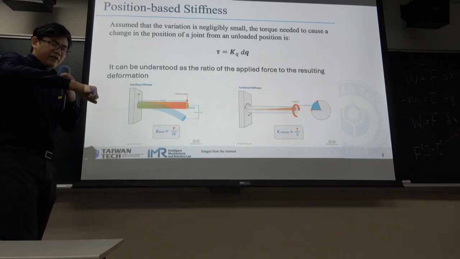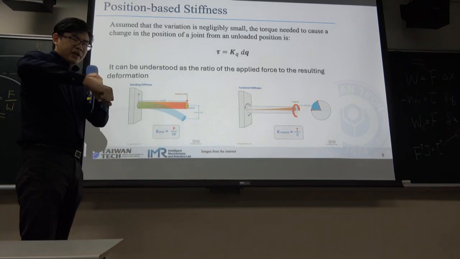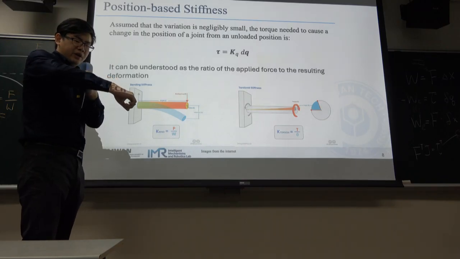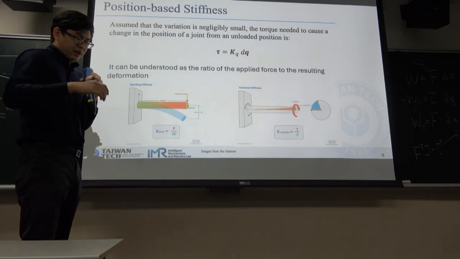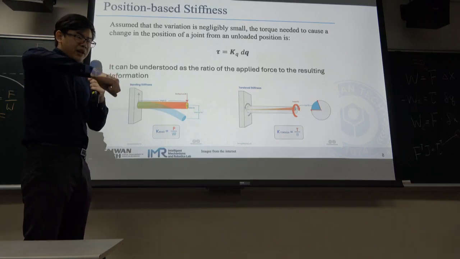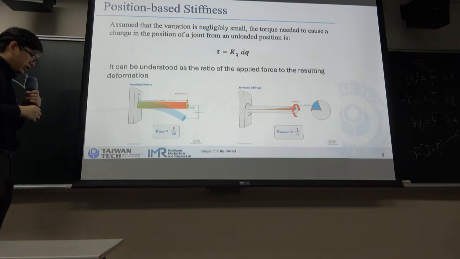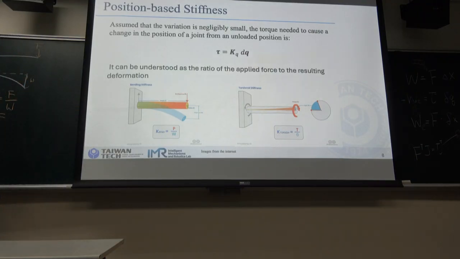If the stiffness of the robot is lower when it hits a human, then the robot will deform itself, so it will not hit so hard. So controlling the stiffness of the robot is another major topic in robotics. And now we are calculating the stiffness.